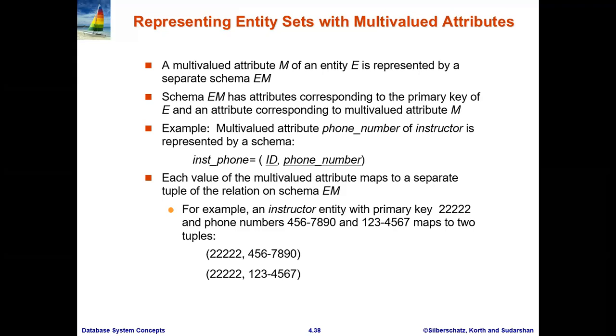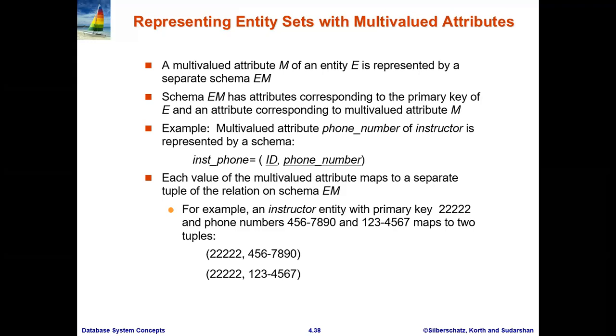So this is how the multi-valued attribute M of an entity E is represented by a separate schema EM, where the primary key of entity E and corresponding attribute of multi-valued attribute M are written, and they are represented as separate tuple of the relation.